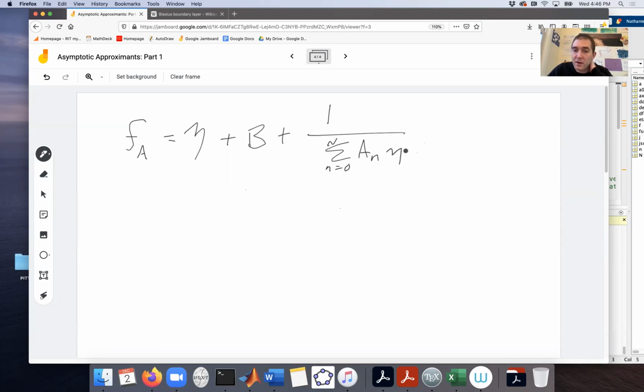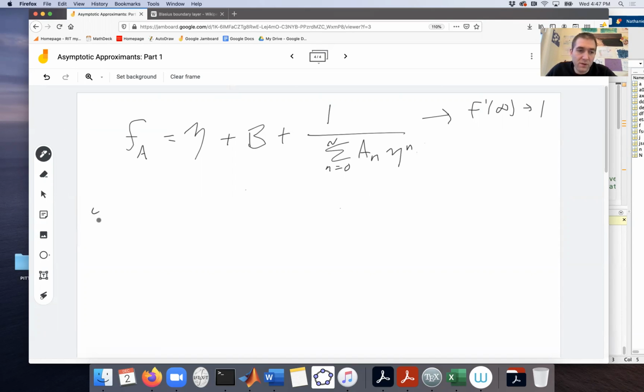Now, this certainly satisfies that f prime of infinity goes to 1, right? As eta goes to infinity, this fraction goes to 0, the b goes away, and the eta turns into a 1. And certainly, it also matches eta plus b for f as eta goes to infinity.